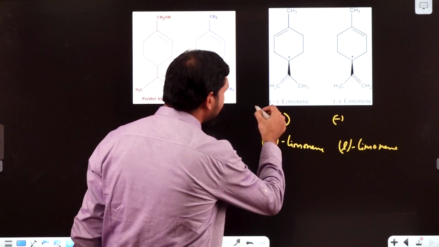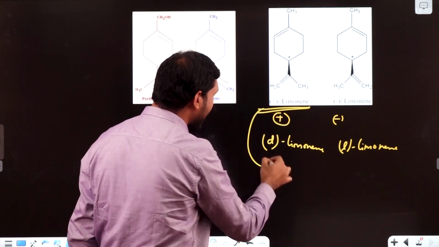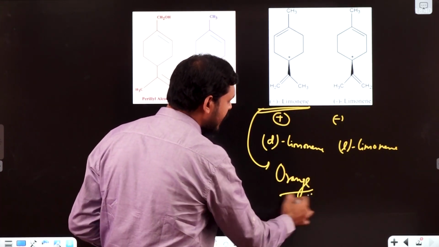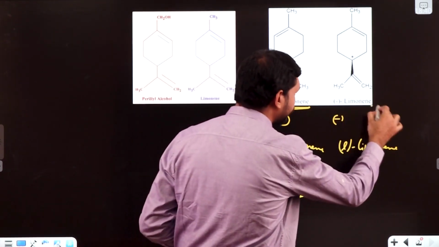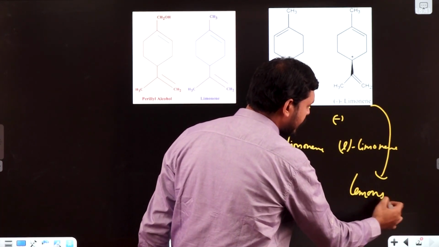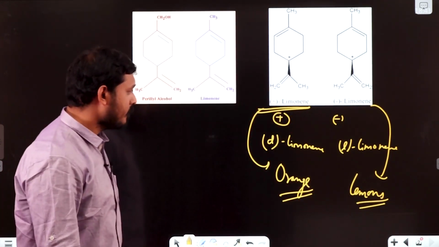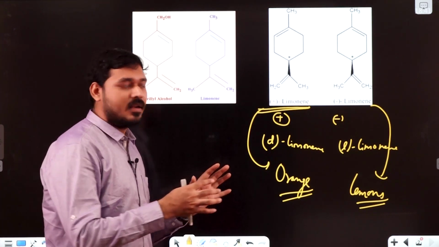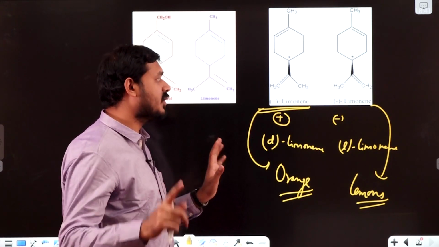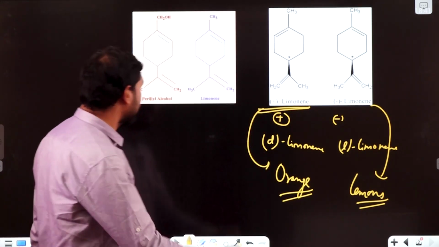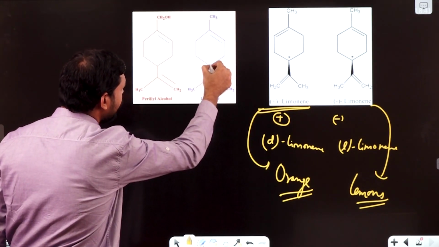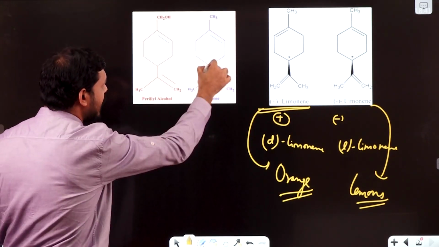It has been observed that this plus limonene is found in orange flavoring, but this minus limonene is found in lemons. So in terms of odor and taste, they differ just due to their optical activity. If you see this compound, from this carbon it is having chirality.